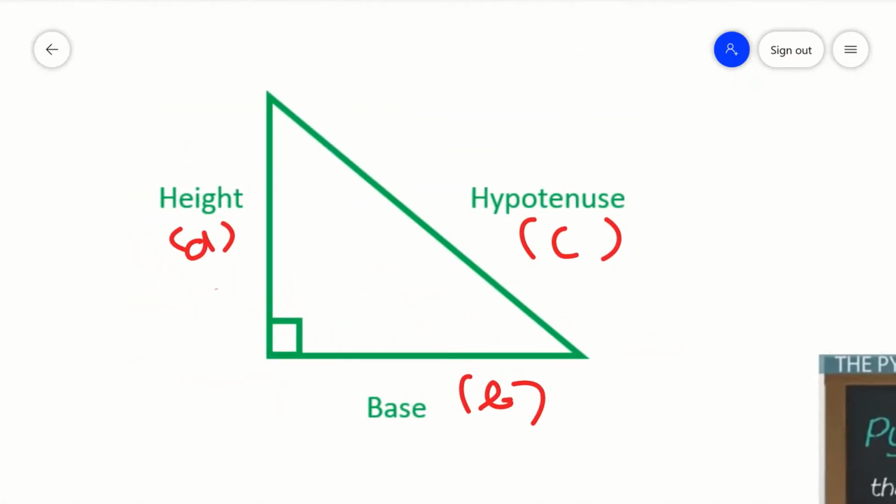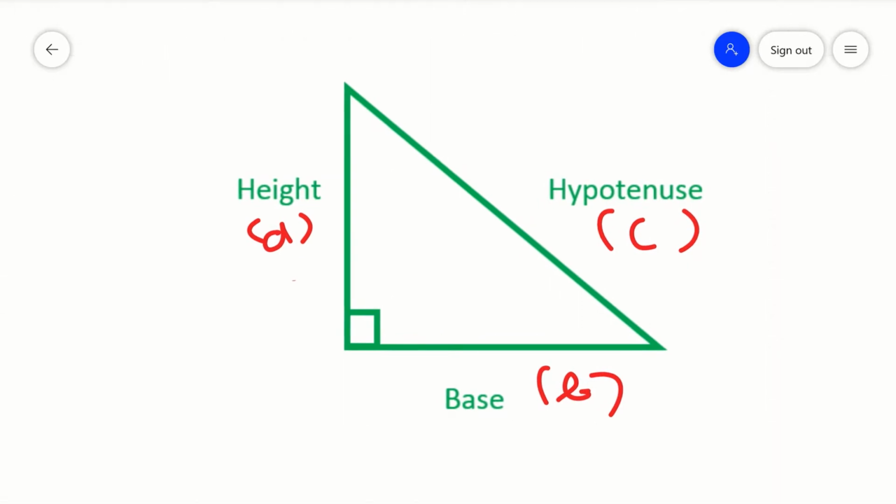So the formula, the Pythagoras theorem, is A square plus B square gives us C square. So what is A square? Okay, so let's try this formula and check whether it's correct or wrong.